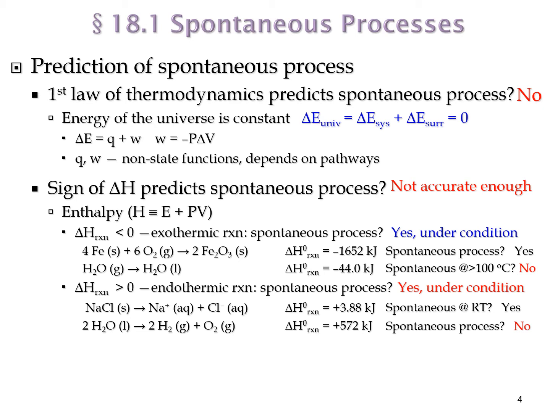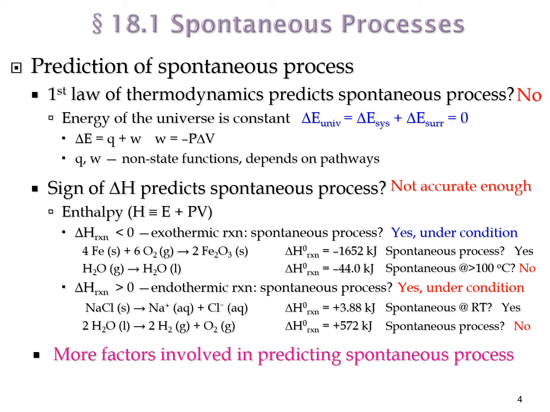Because not all exothermic reactions are spontaneous, and not all endothermic reactions are non-spontaneous. So we understand there have to be more factors involved when we predict the spontaneous process.